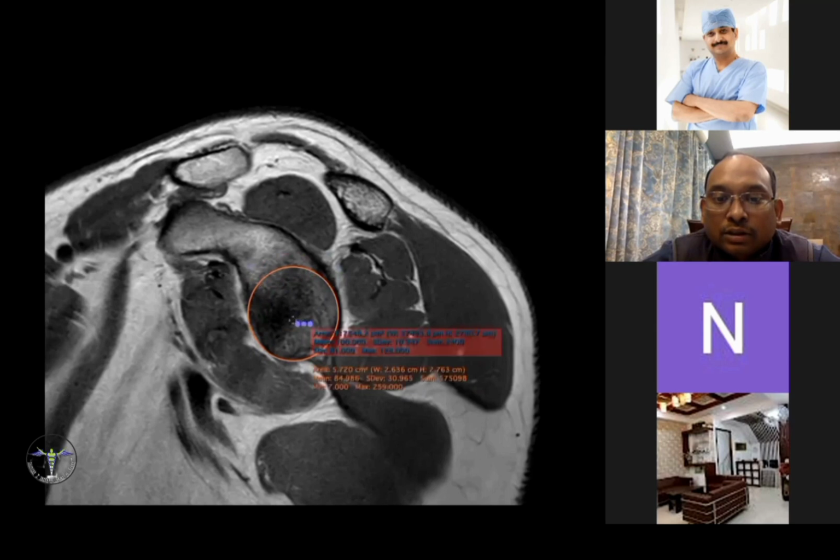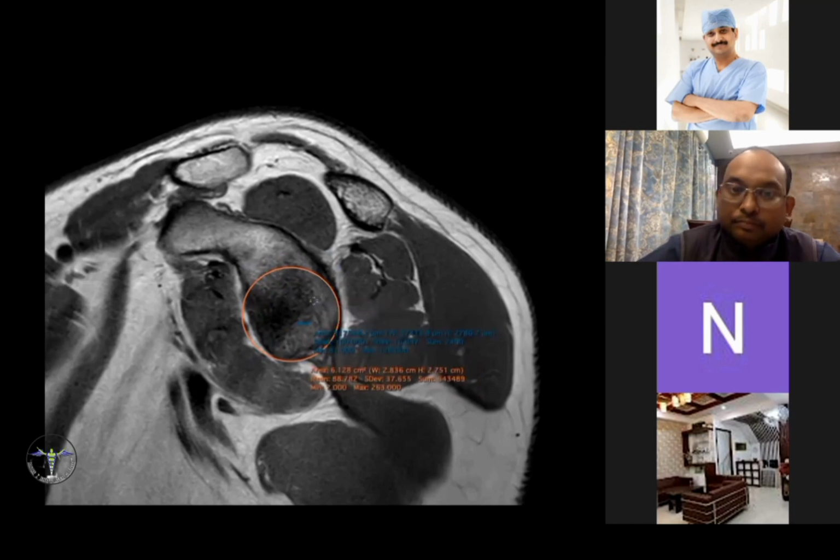So this is what it should be, the whole circle. Now we have to see how much is the measurement of this glenoid loss.